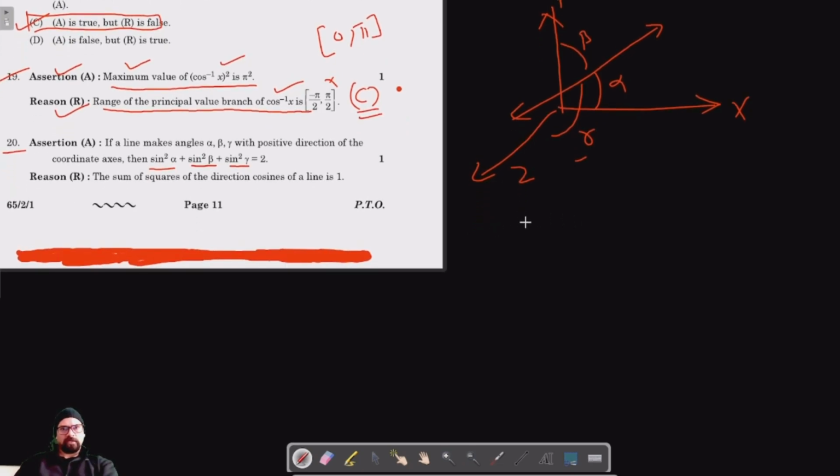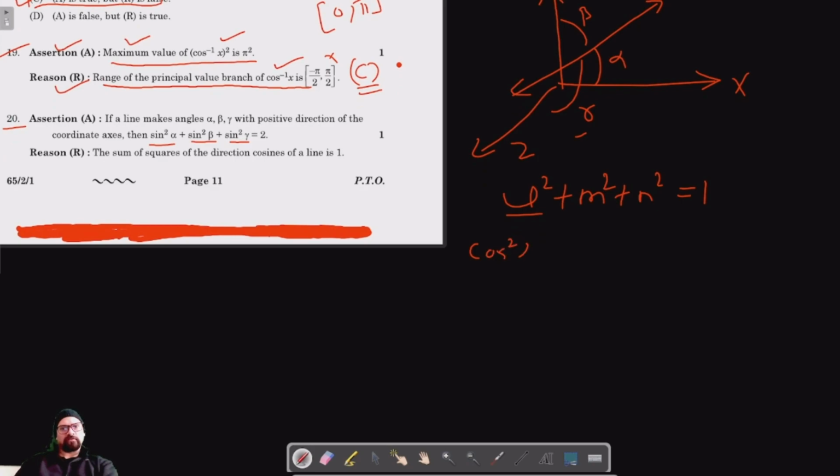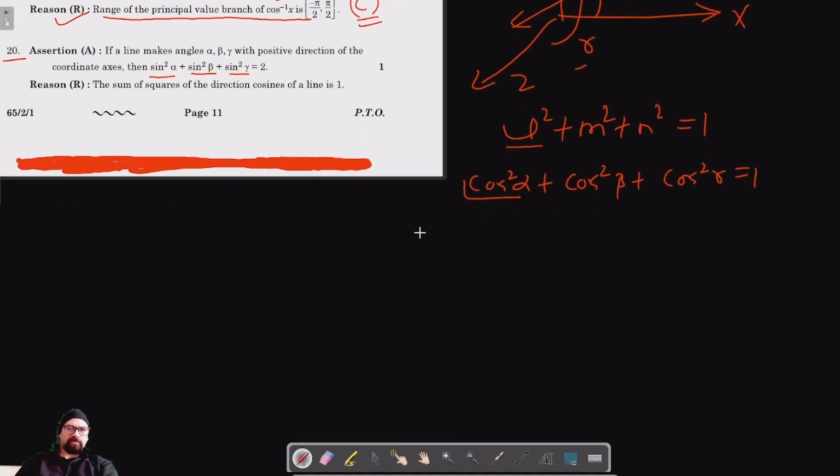For that, we know the relation between the direction cosines: l square plus m square plus n square is equal to 1. And l square is cos square alpha, m square is cos square beta, n square is cos square gamma. Now cos square alpha, I can write as 1 minus sine square alpha in terms of sine. So 1 minus sine square alpha, 1 minus sine square beta, 1 minus sine square gamma is equal to 1.